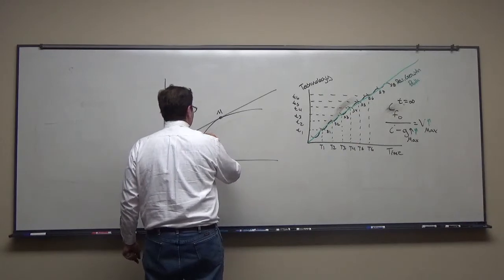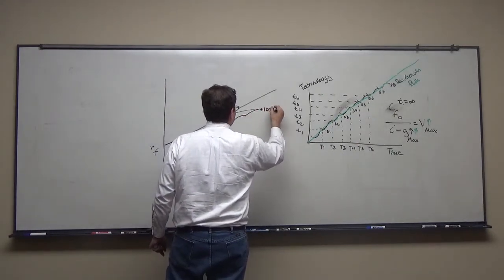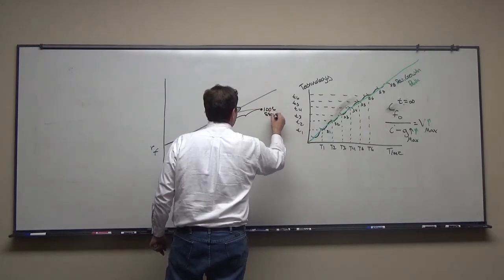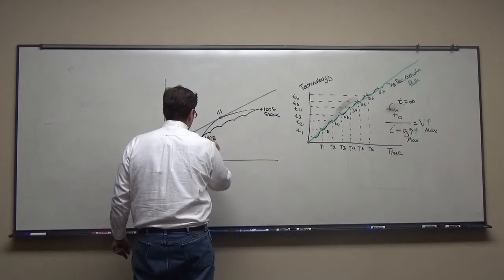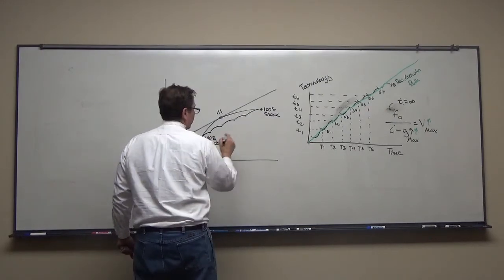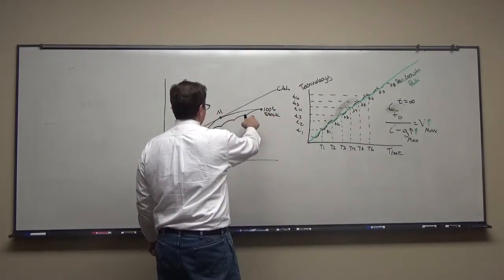And then what I'll do is I'll put in the umbrella, and then I'll go 100% stock, and then 100% bonds, and this is my capital allocation line, and this is my efficient frontier.